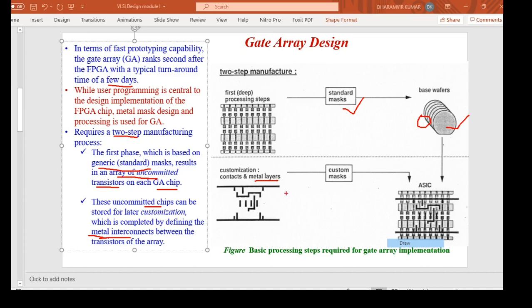So the next step is to fabricate different metal layers on this chip, so that we will get a complete chip which contains some sort of functionality. This metal layer definition is done with the help of some custom masks again.